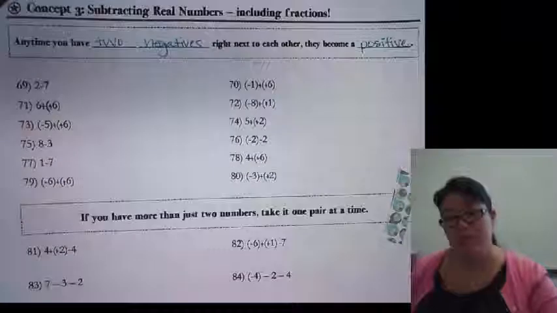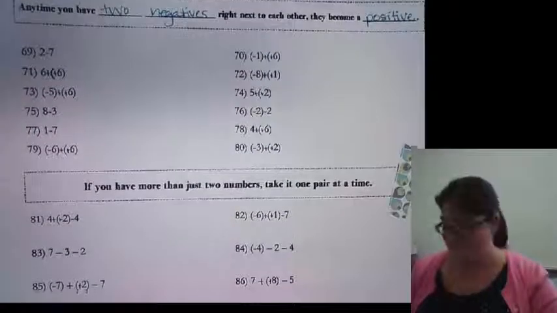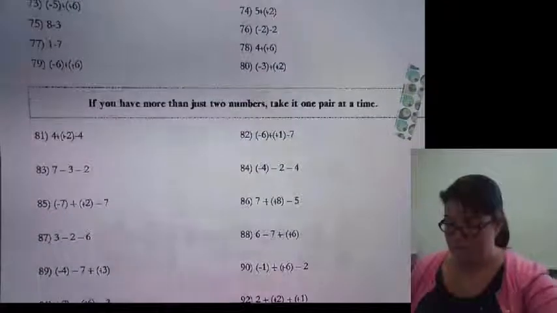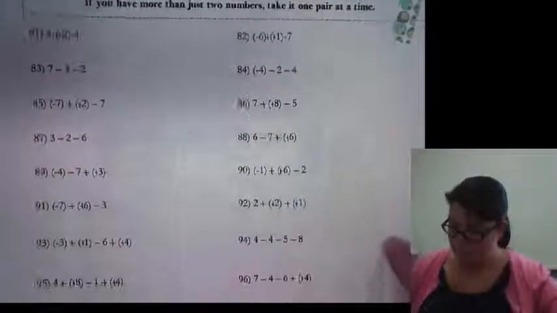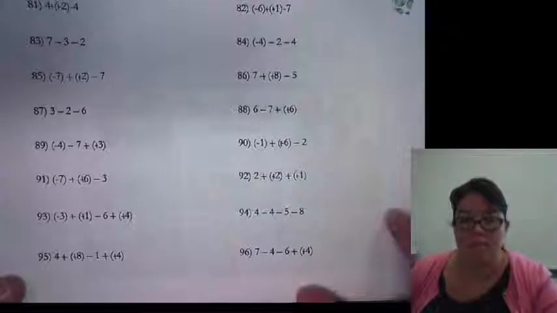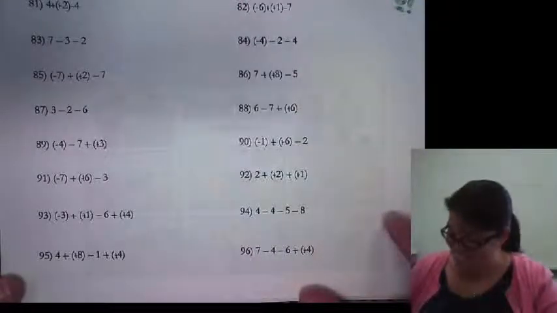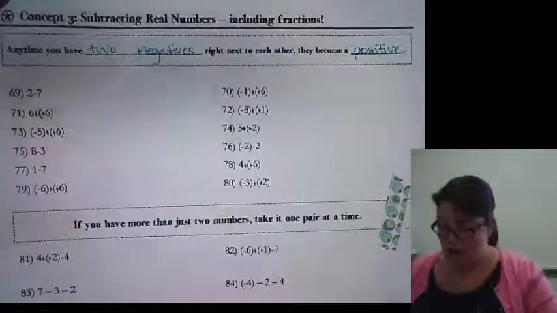I will scroll through and see if I marked the same ones that you marked. Did you find them all? I hope you did. All right, now let's take a look at how we actually do this subtraction.